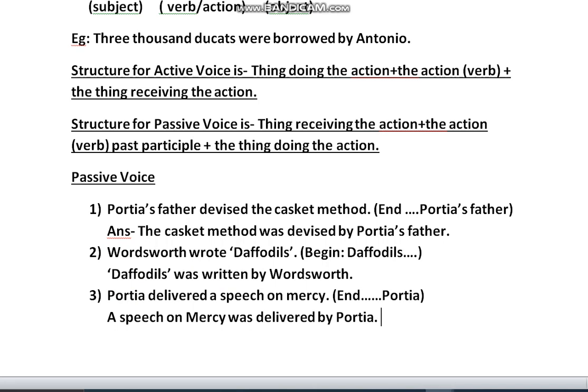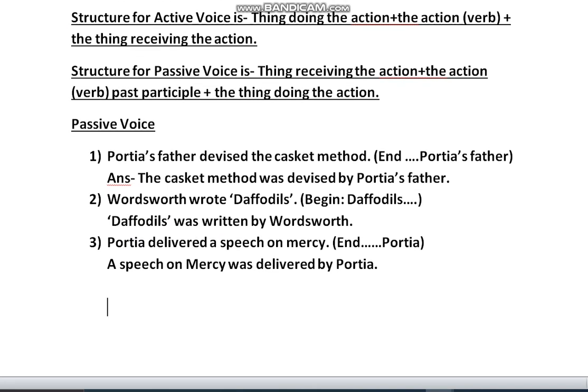I hope you've understood. You're expected to write all the answers neatly in your register and mail the work to me and to your teachers. We are not so busy that we will not check your work.